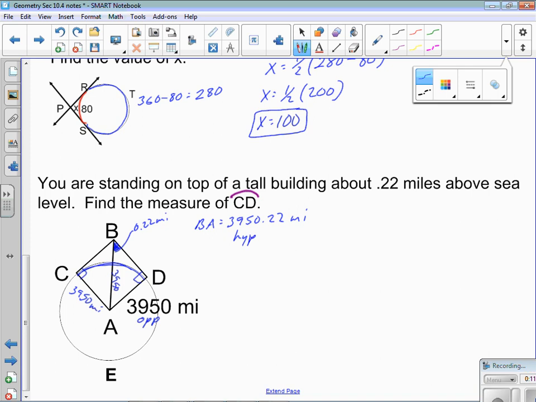So if we're looking at the opposite and hypotenuse for an angle, that's SOH, S for sine, O for opposite over hypotenuse. So we know the sine of that angle B is going to be equal to the opposite side, which is 3,950, over the hypotenuse, which is 3,950.22.